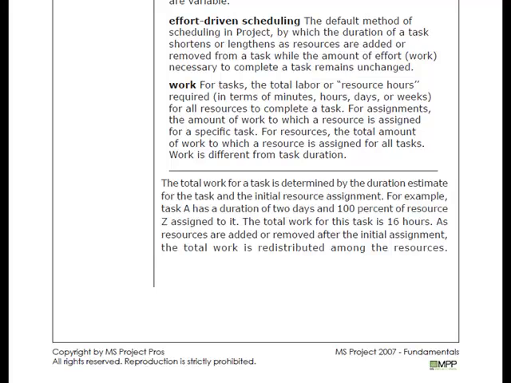If you know it's going to take 24 hours of effort to complete a task, then you can use fixed work as the setting for that task. If you know a task is going to take a certain duration, 1 week, 2 days, what have you, then go ahead and fix that duration so that it will not change. That is the variable that will not be affected, and that's good best practice moving forward.